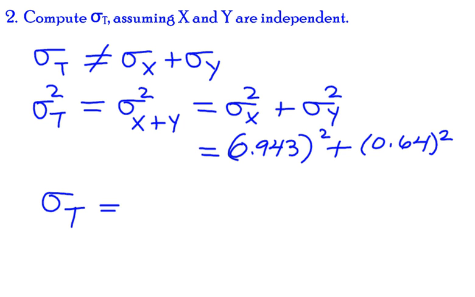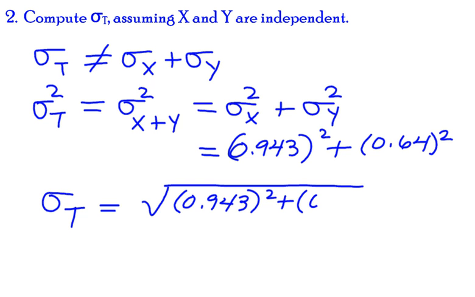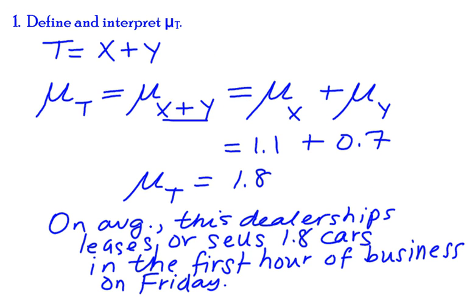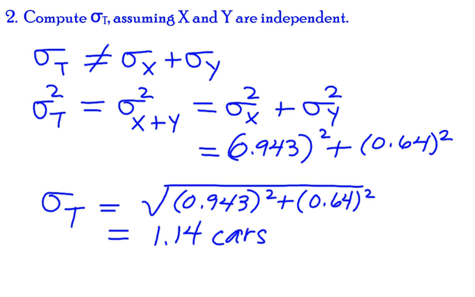So the standard deviation is the square root of 0.943 squared plus 0.64 squared. And if we do our math calculations correctly, we find that we have a standard deviation of 1.14 cars, which says that the average of 1.8 cars could vary by as much as 1.14 cars.